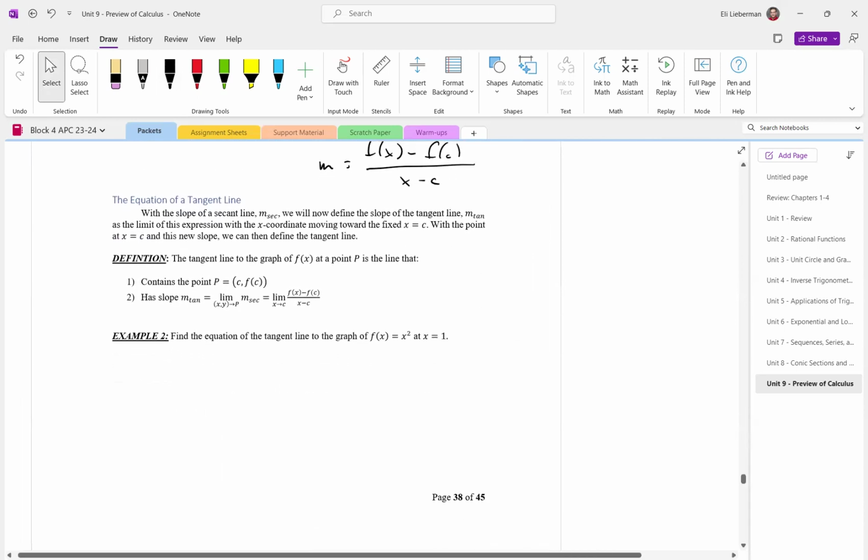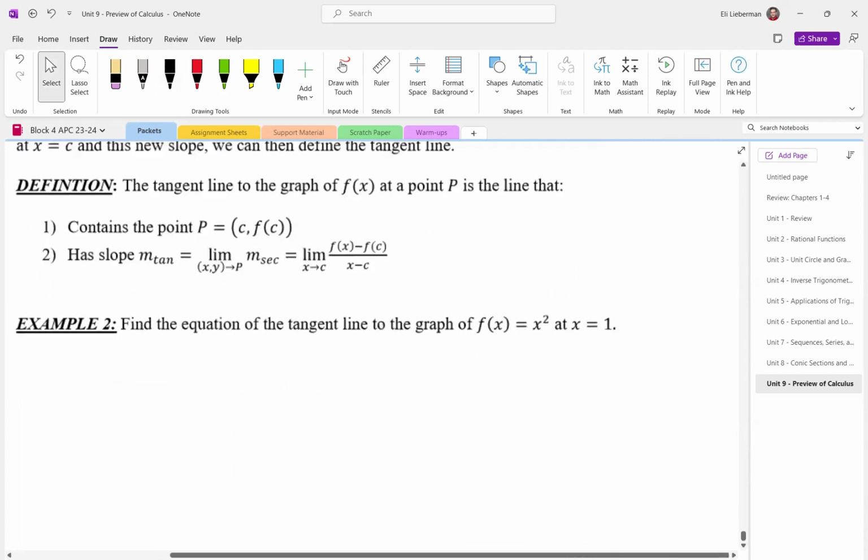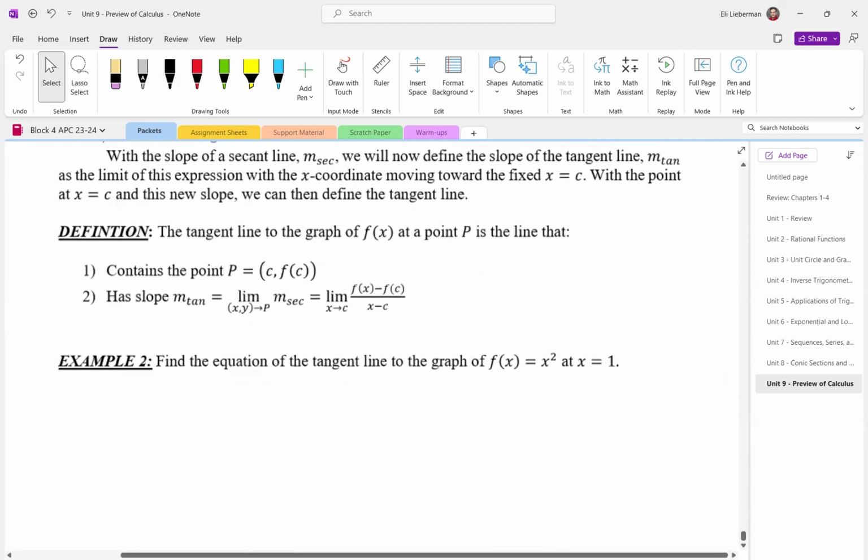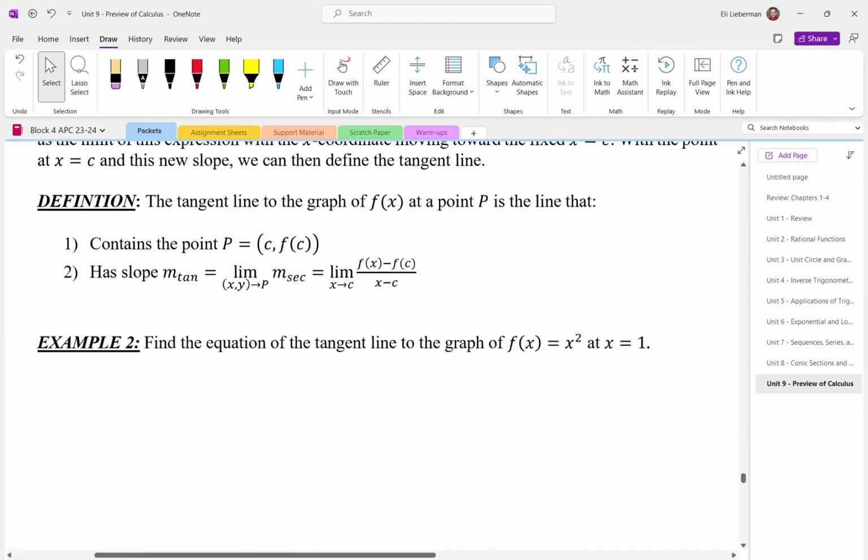Okay, the equation of a tangent line. So what's happening here is the slope of the secant line, and then we're taking that, and as we said, we're going to move x to c.